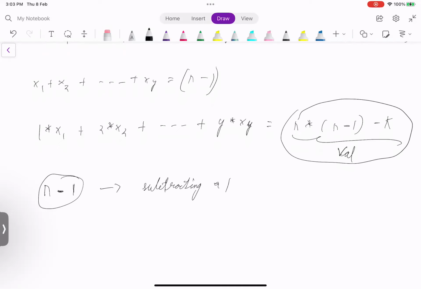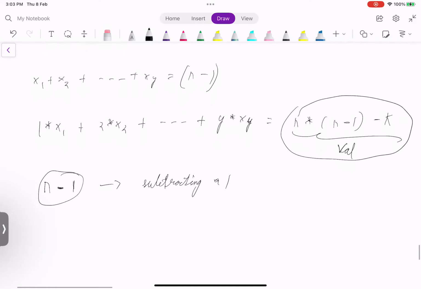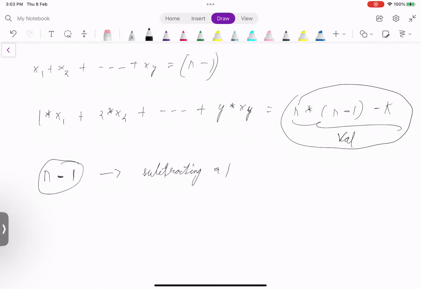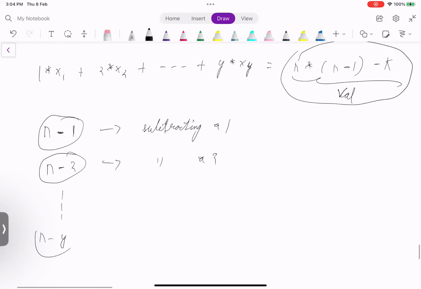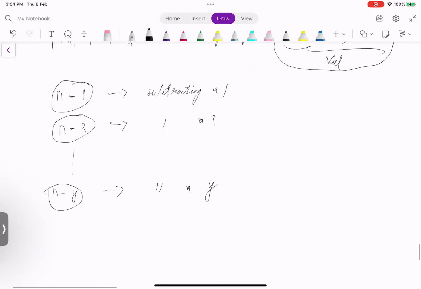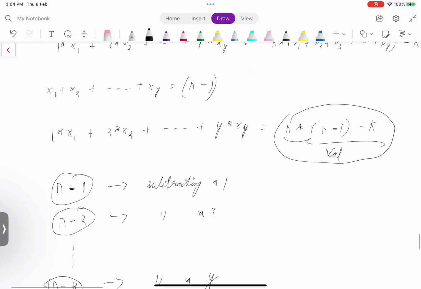Right? Similarly, if you generate n minus 2, that means we are subtracting a 2 from the RHS. So if you are generating n minus y, that means you are subtracting a y from the RHS, right? That's what it looks like if you just observe this equation, which we derived.